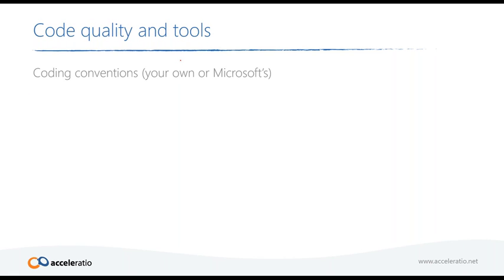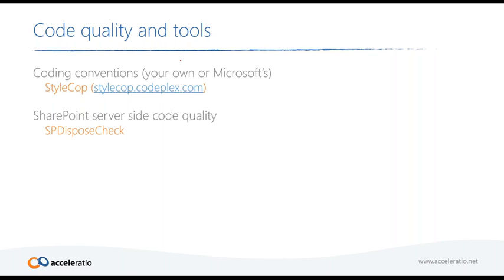When we are talking about third-party stuff, especially stuff that goes inside of your SharePoint, if you are in charge of controlling the developers, make sure that you are checking what they're doing. There are some tools available from Microsoft, like StyleCop, making sure that the code is okay. For older versions of SharePoint, we also had SPDisposeCheck.